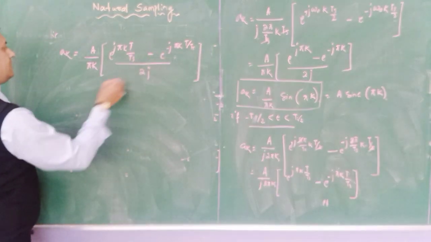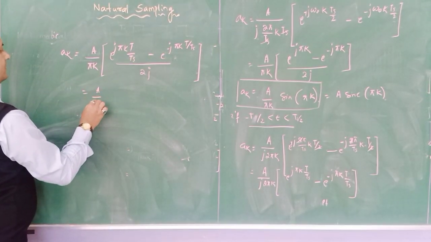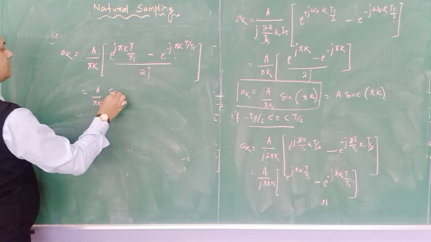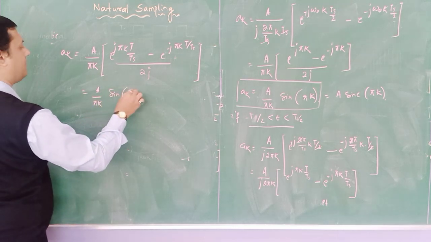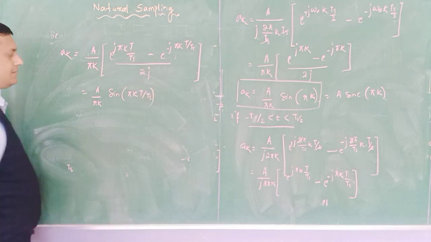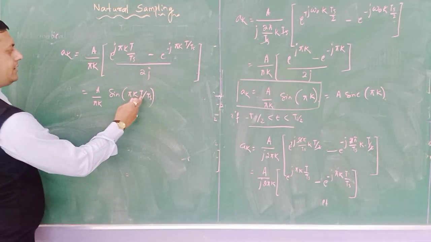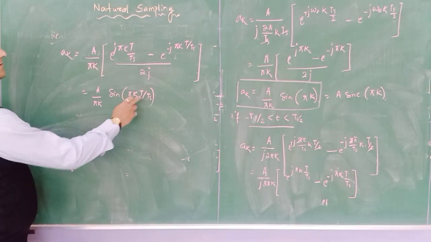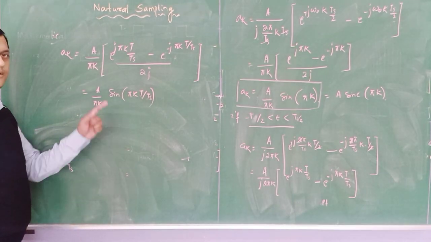Now this is called the sine theta. It is pi k T divided by Ts. Done. Now here pi Ts, this is the extra factor. You need to form it in terms of the sinc function.